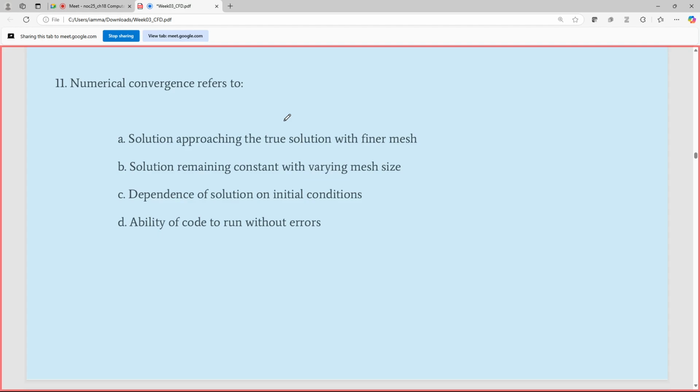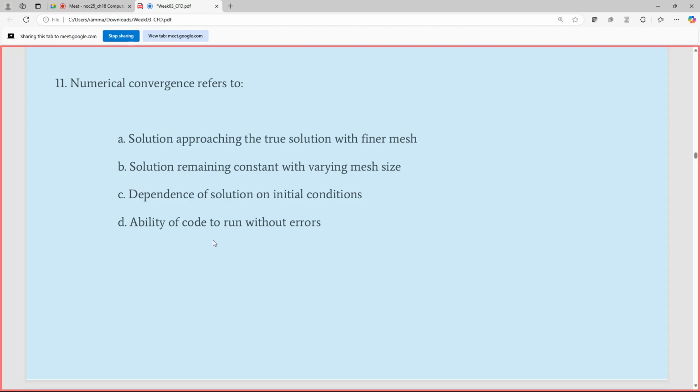Next question, what does numerical convergence refer to? Options are: option A, solution approaching the true solution with finer mesh. Option B, solution remaining constant with varying mesh size. Option C, dependence of solution on initial conditions.